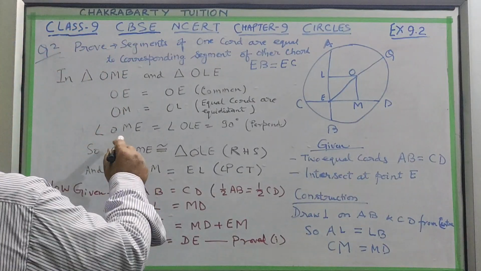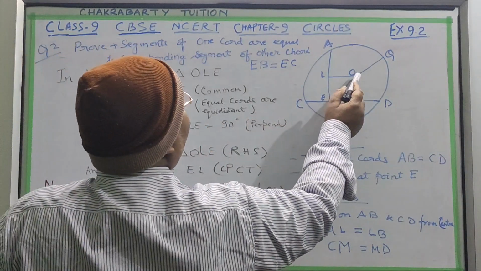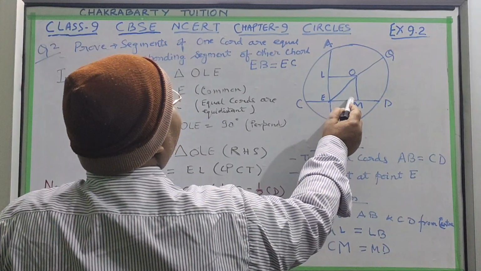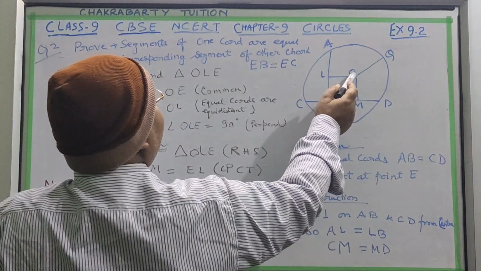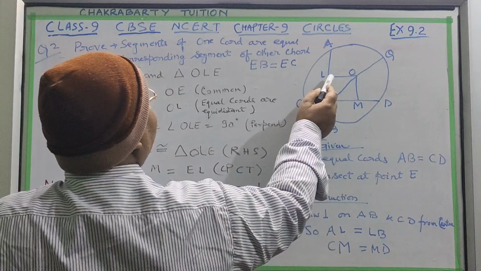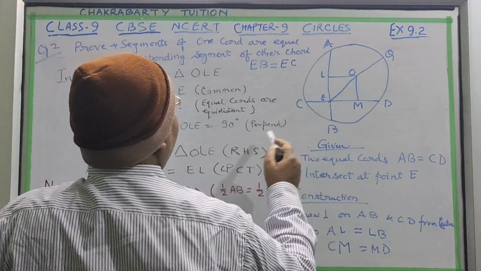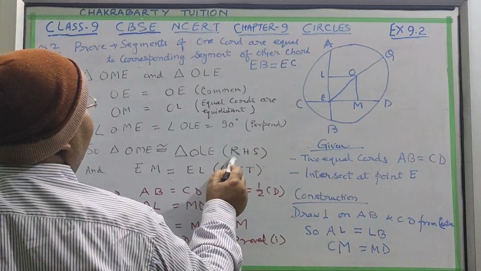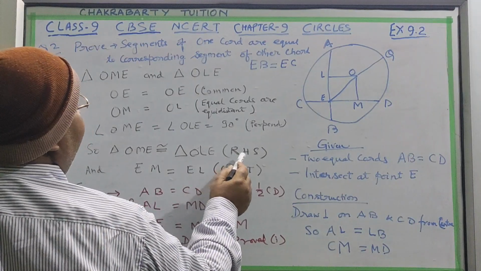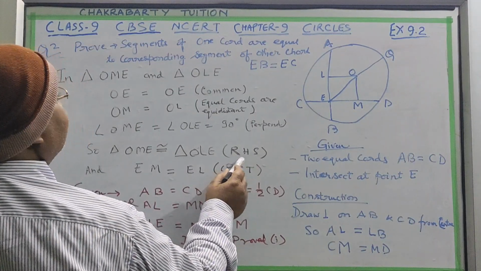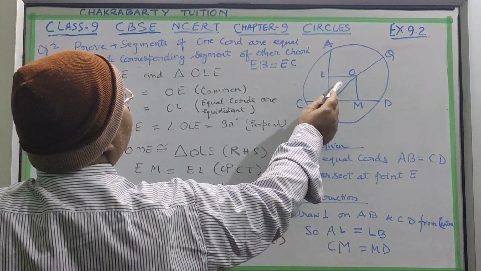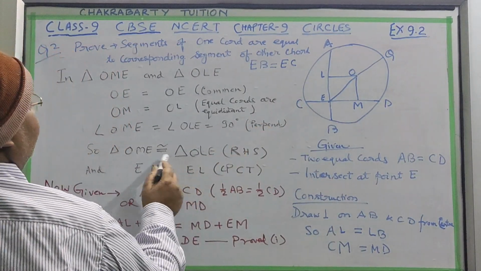Now angle OME is 90 degrees, because it is a perpendicular, and angle OLE will also be a 90-degree angle. So perpendiculars create a 90-degree angle. Based on the RHS theorem, right angle, hypotenuse and side, we can say that these two are congruent triangles.